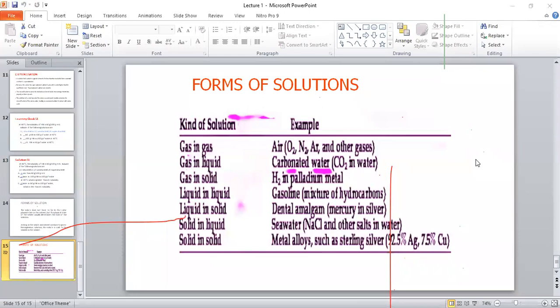But if it was the liquid that was more, the one that is more is the one that consumes the other one. So if you bring the solid to add, and it doesn't melt in that solvent, you're not getting a solution.